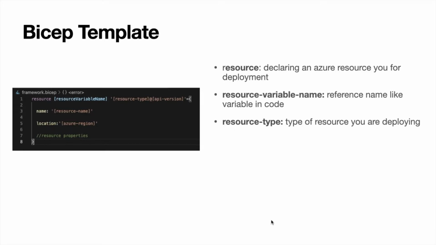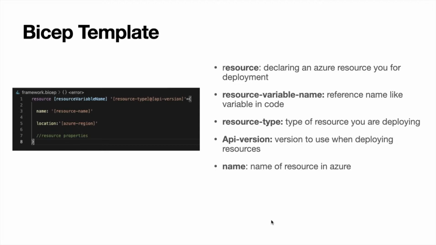Resource type is the type of resource you're deploying. The version is the version to use when deploying those resources. So for an example, storage accounts can have multiple API versions, and normally those API versions have dates, so you can choose which version you would like to use.